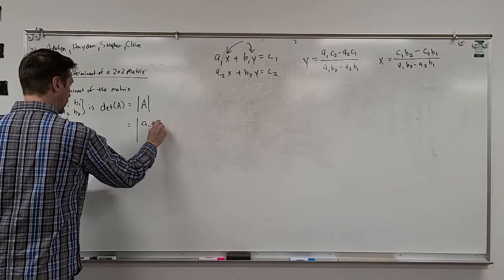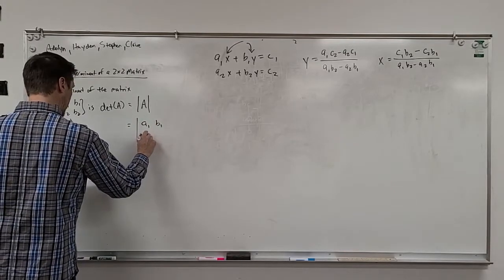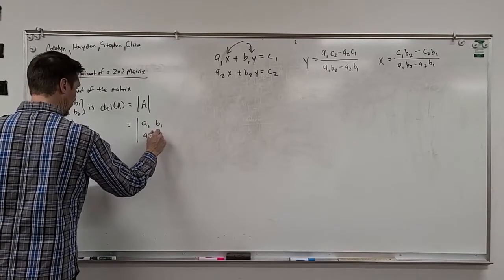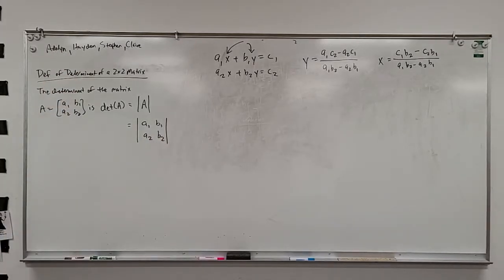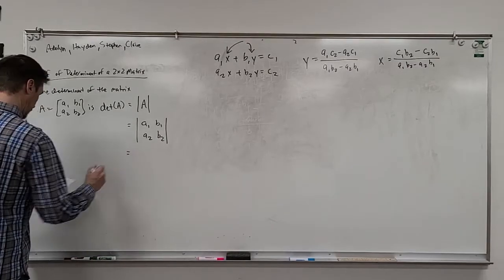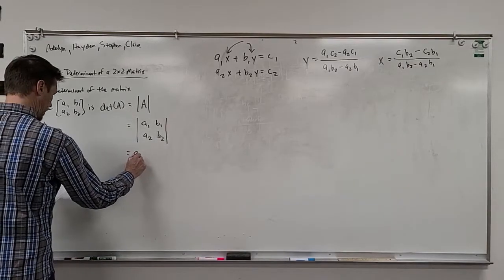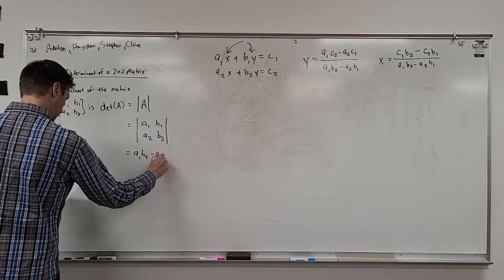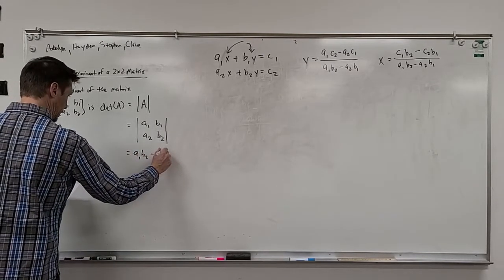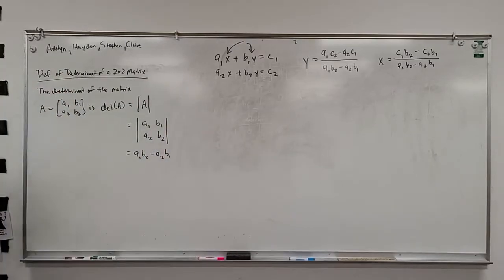You just rewrite the matrix, but instead of using the square brackets like we normally use to identify a matrix, you use those absolute value lines there. Or you could write it as A1 B2 minus A2 B1, which is the denominator that we have over there when we solve for x and y. Right? So all of those are ways to represent the determinant.